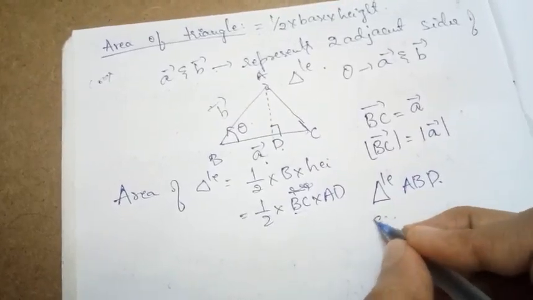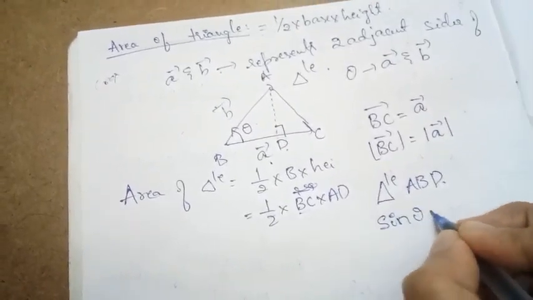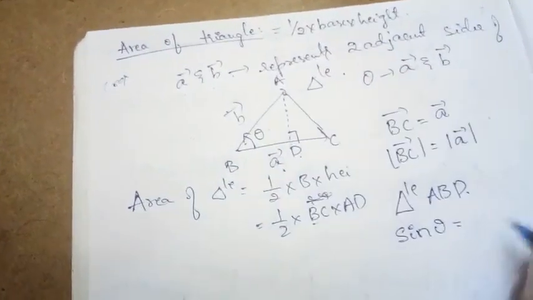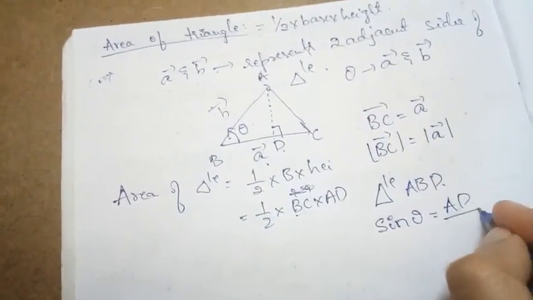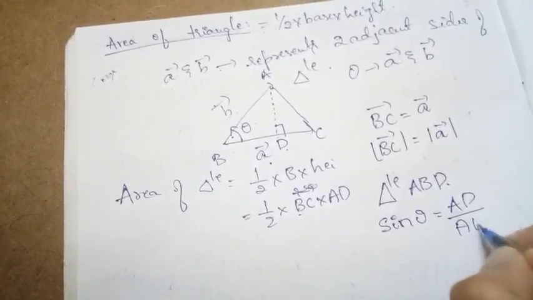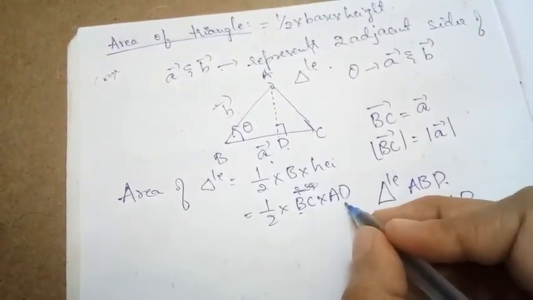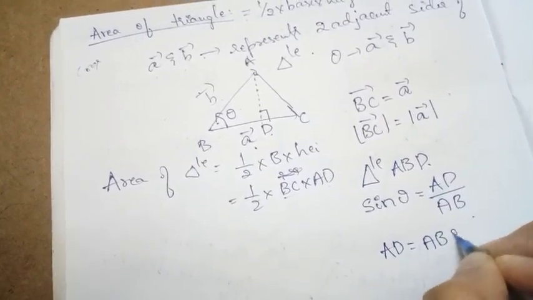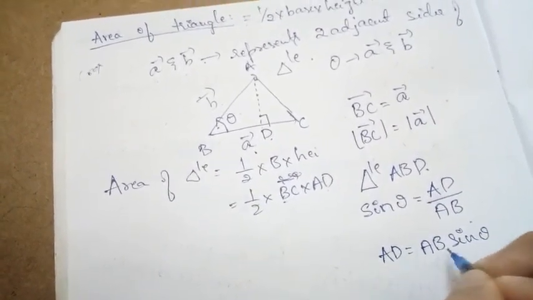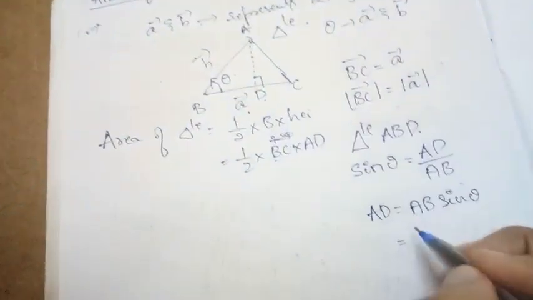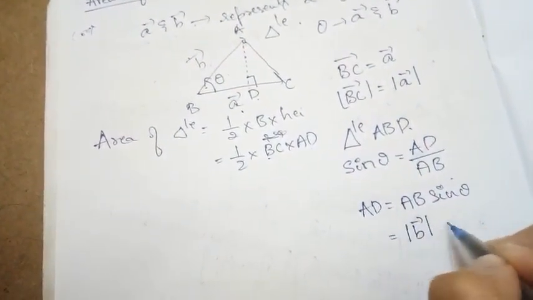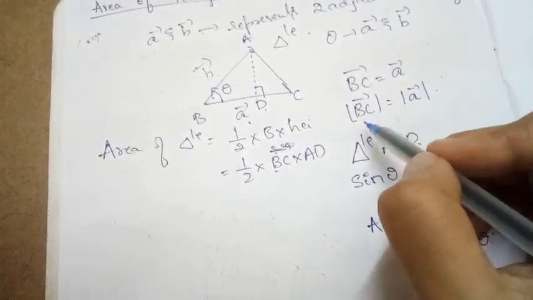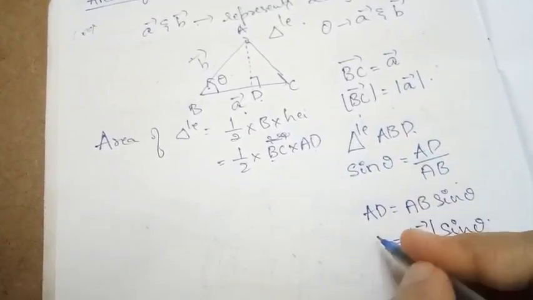So what is sin theta? Sin theta is nothing but opposite by hypotenuse. The opposite is AD, divided by the hypotenuse, that is AB. What we required is AD, so AD is equal to AB sin theta. And what is AB? It is nothing but the magnitude of vector B, so AD is magnitude of vector B sin theta. So you got the BC value as well as the AD value.